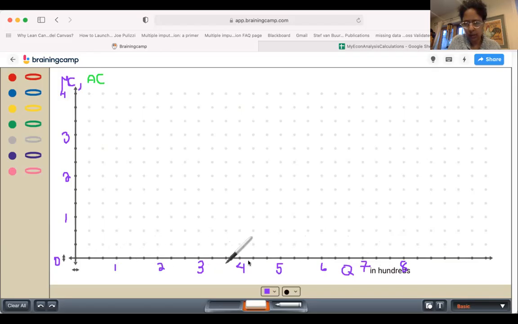I want to try to be a little bit to scale here. It's not going to look right. We'll talk about what it should look like.